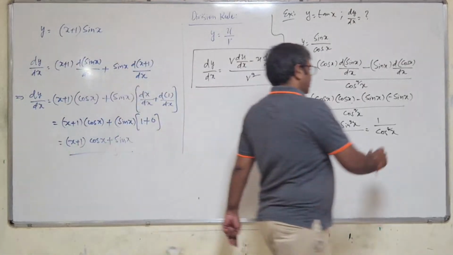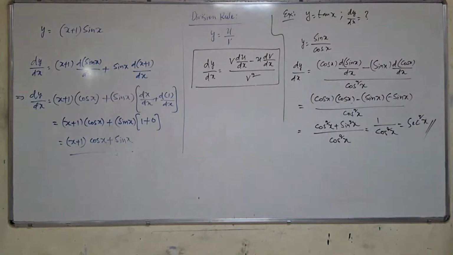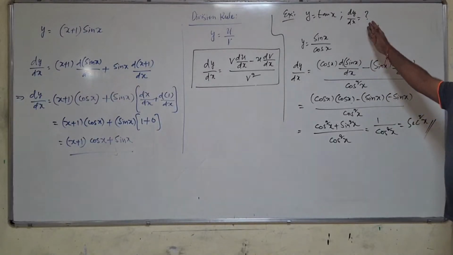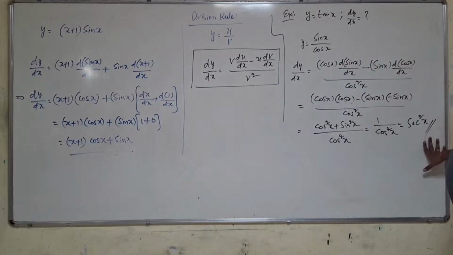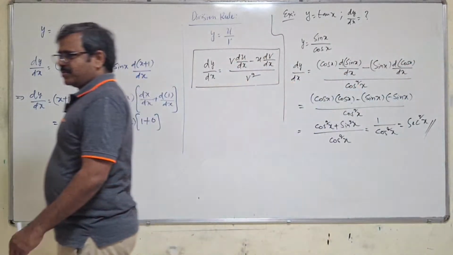So this is 1 by cos square x, which means this is equal to secant square x. You understand this? So when you don't remember the formula, for y is equal to tan x, what is dy by dx, you can at least use the division rule and get this. Do you have any doubts? Anything that you don't understand?